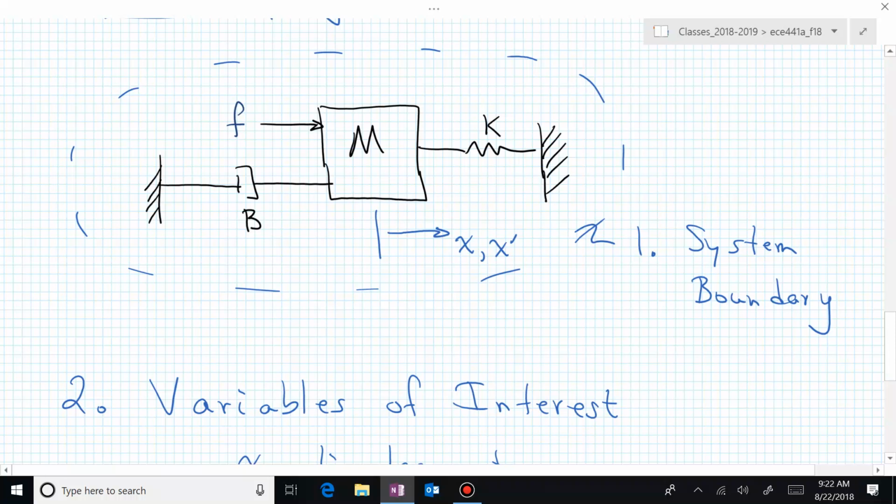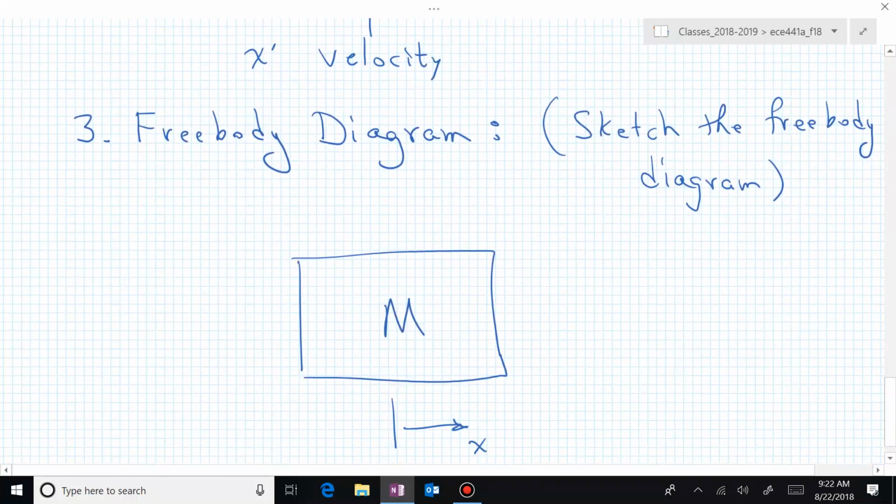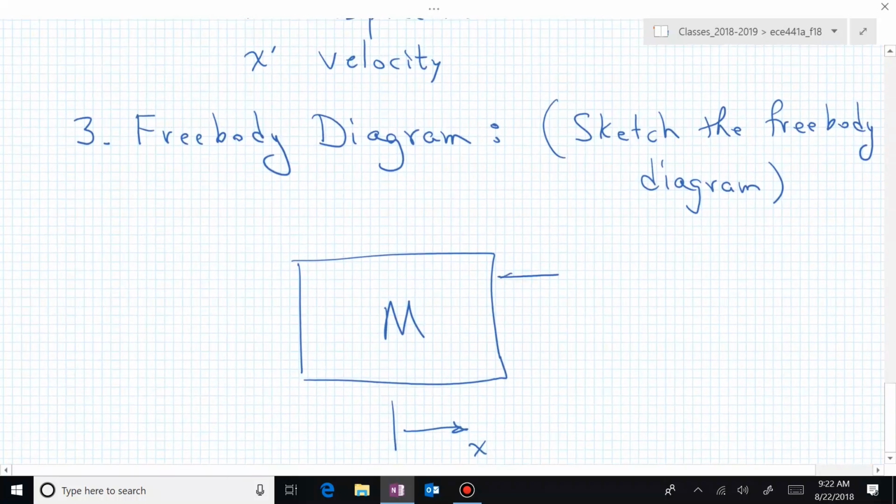So if we moved this mass in the positive x direction, what direction would the force due to the dash pot be directed? To the left. So now we have a couple of different forces that we've introduced. We have the spring force. We have the force due to the dash pot.